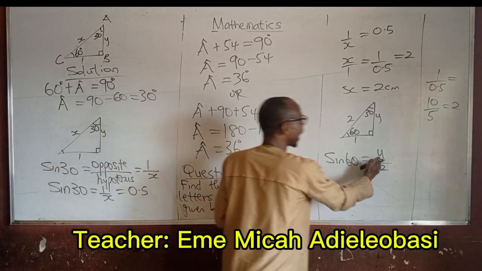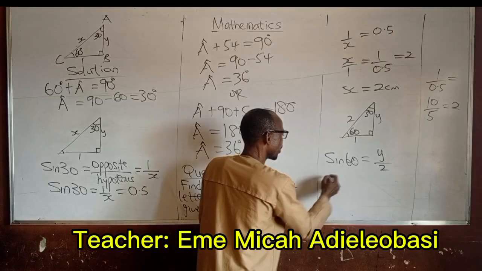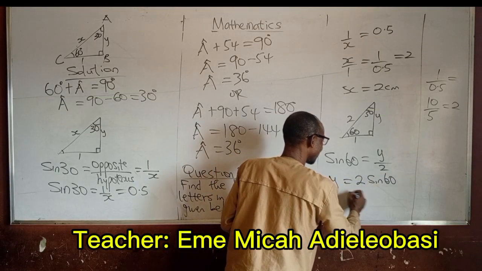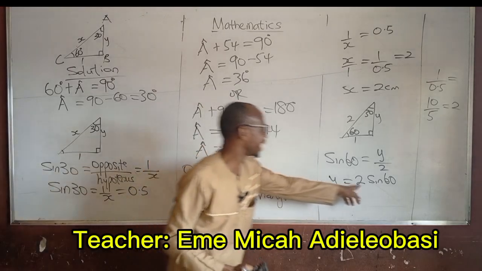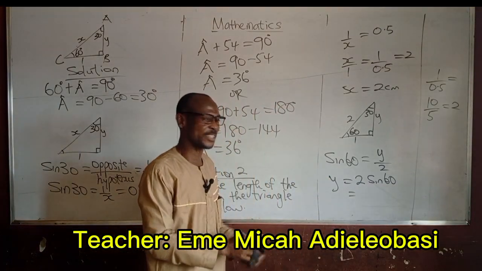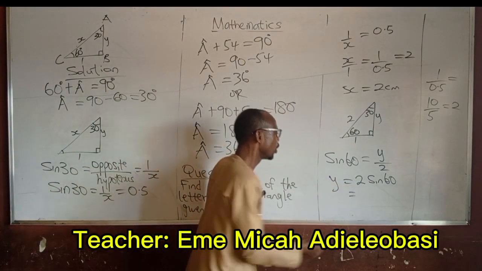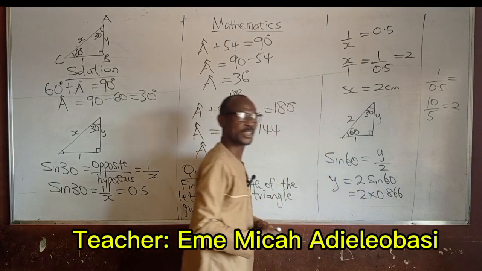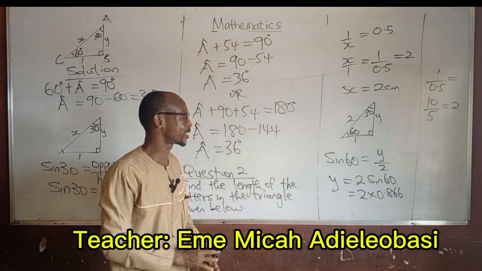How will we get our y now? Cross multiply. y is equal to 2 sine 60. What is sine 60? If we look at the four-figure table, sine 60 is 0.866.